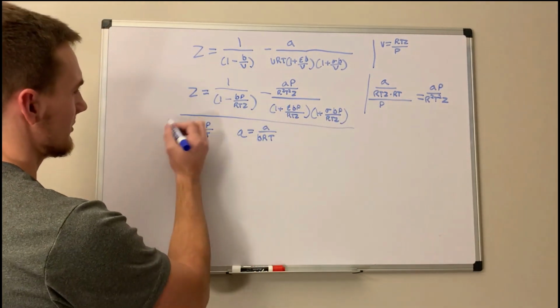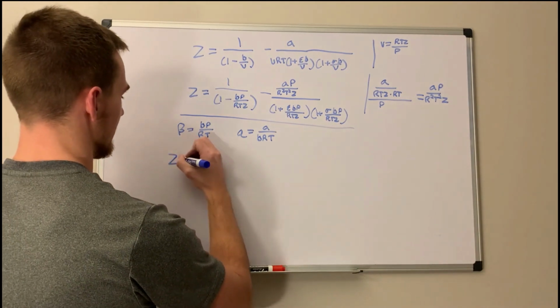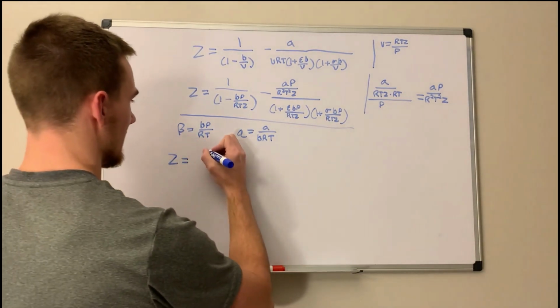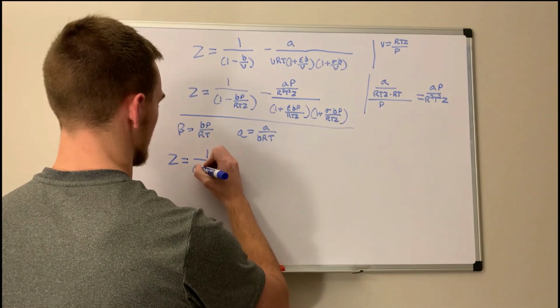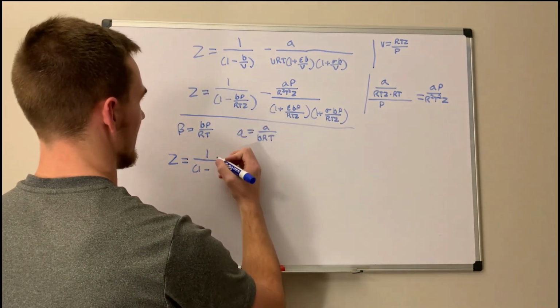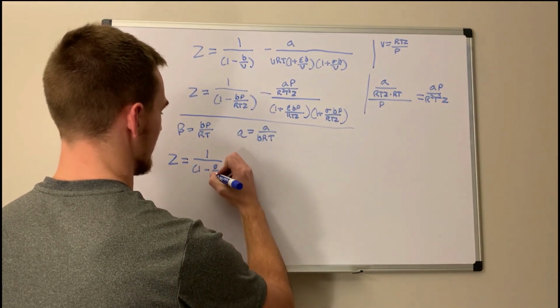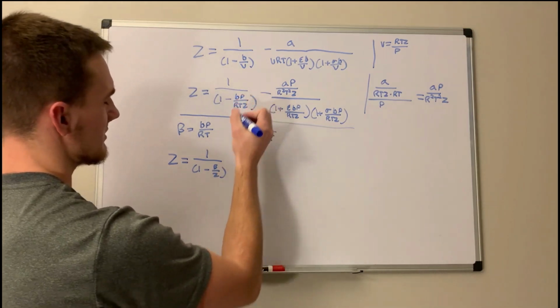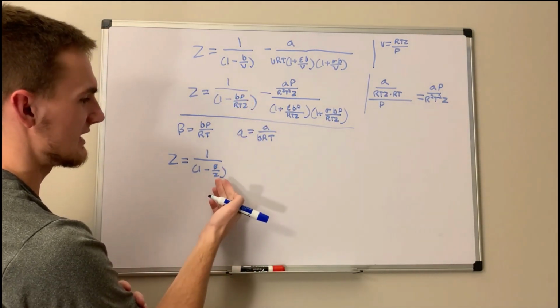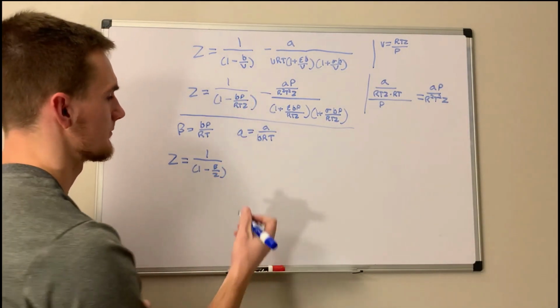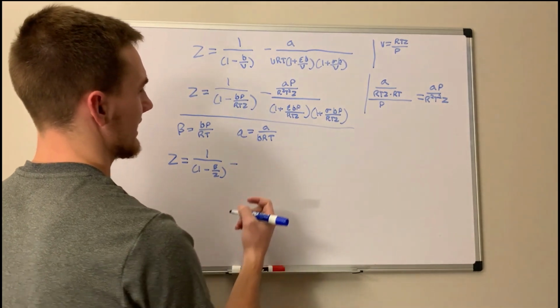So if we substitute beta in here, we will have Z equals 1 over 1 minus beta over Z. Okay, so BP over RT will give us beta over Z, and we will subtract here.